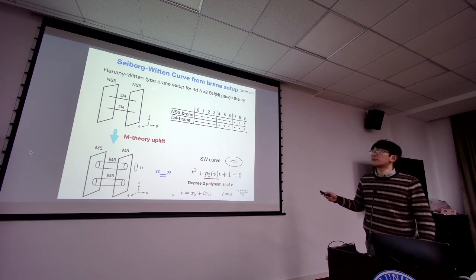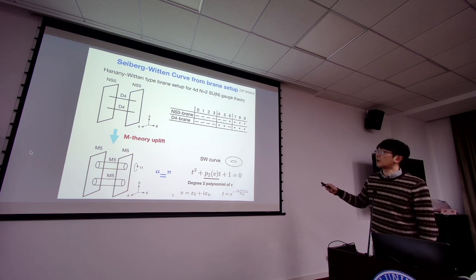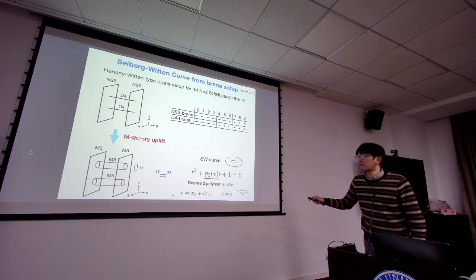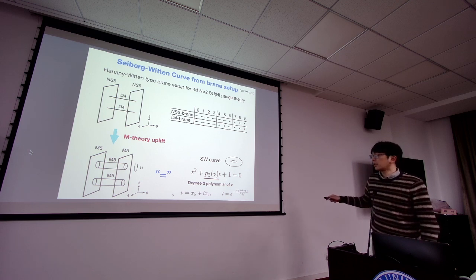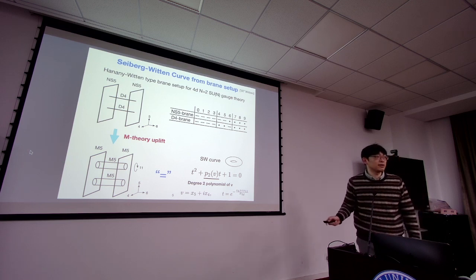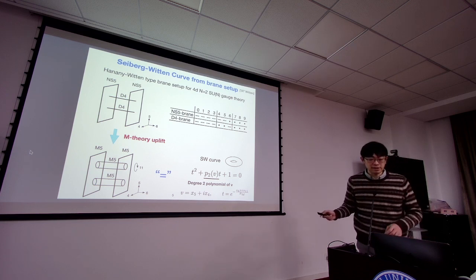So the point is to start from the Hanany-Witten type brane setup, uplift to M-theory, and then find the shape of this M5 brane, and we find the Seiberg-Witten curve. This is the idea of obtaining the Seiberg-Witten curve.